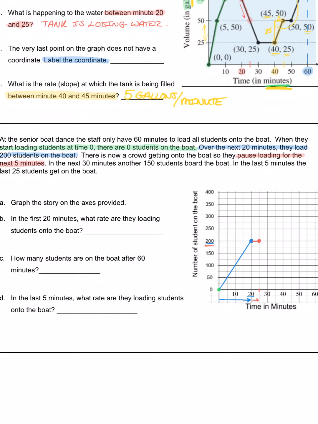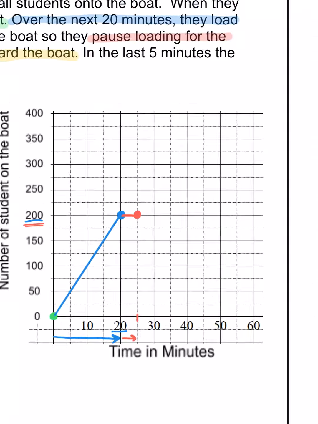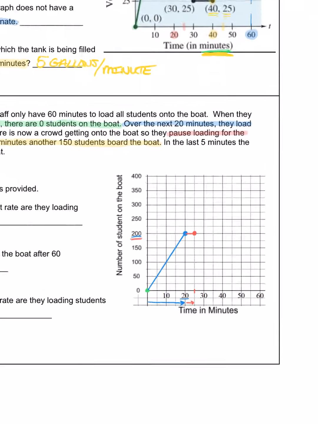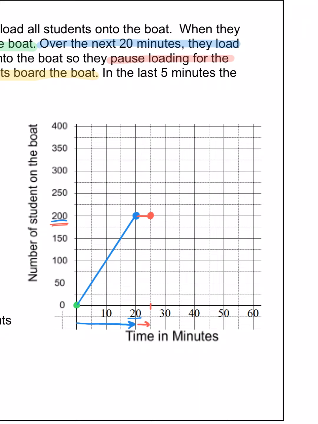Okay, in the next 30 minutes, another 150 students board the boat. So 30 minutes, well, we start at 25 plus 30 is 55, right? We're going to go to here now. 25 plus 30 is 55.